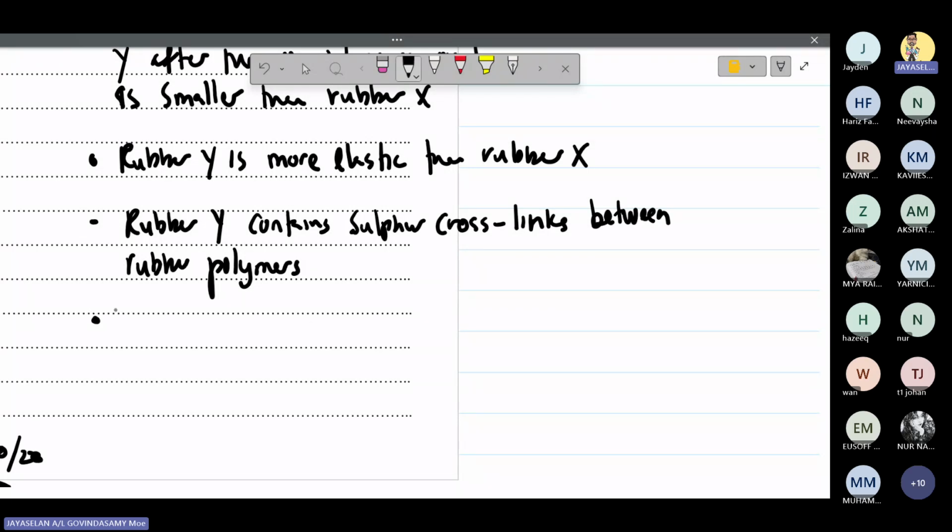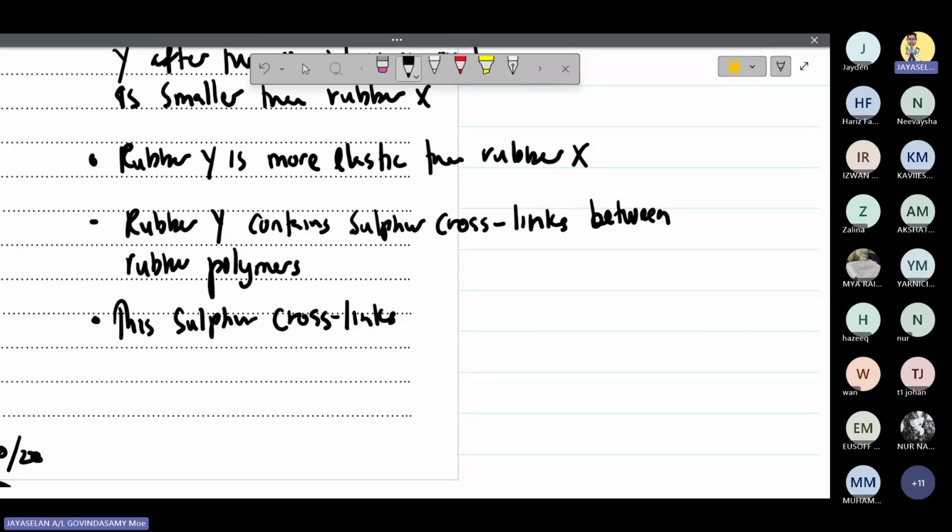Okay, and next point, this cross link will do what? You boleh letak dash macam ni. Okay, prevent the... Okay, kejap. Kenapa orang ni kacau? Okay, so this one will prevent the rubber polymers from sliding over each other.